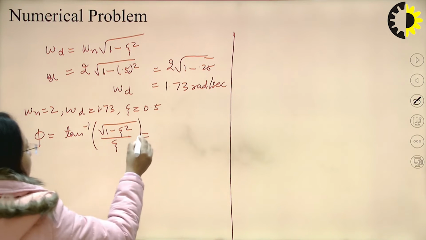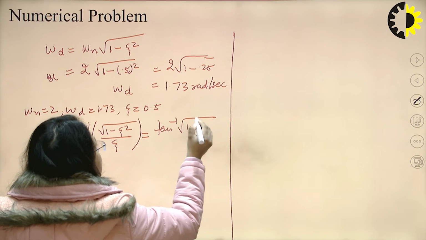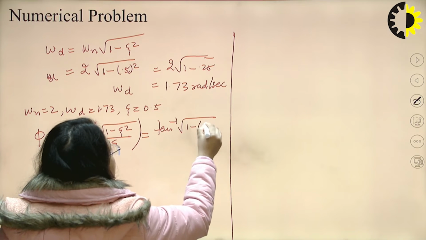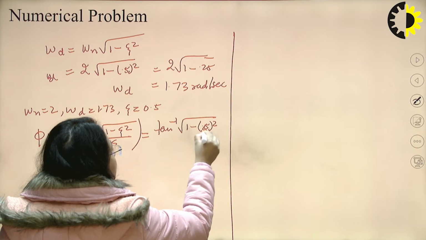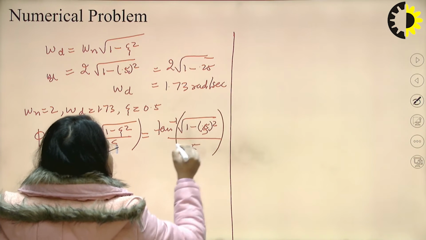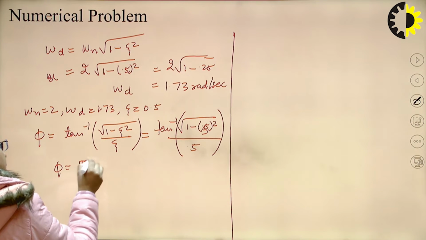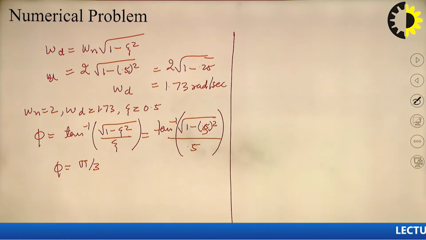Okay, so we can write tan inverse of under the root 1 minus 0.5 whole square upon 0.5. So while calculating this value, phi is coming out to be pi by 3. Okay, now we can calculate the value of TR, rise time.